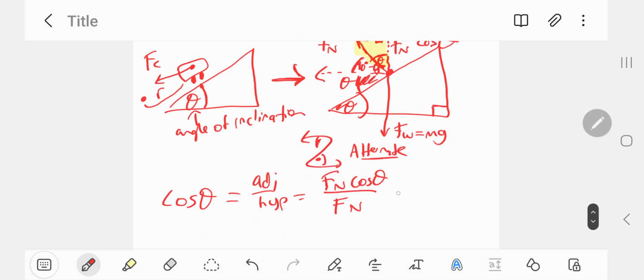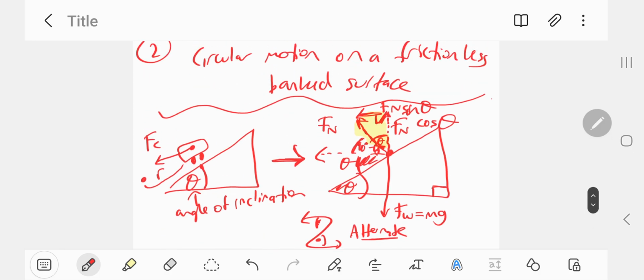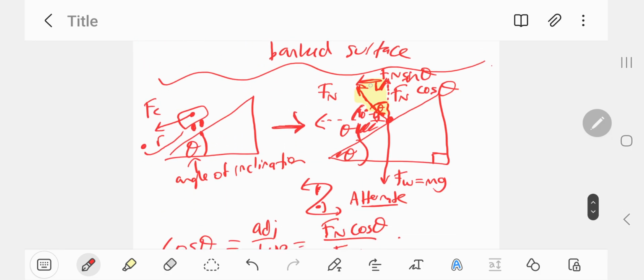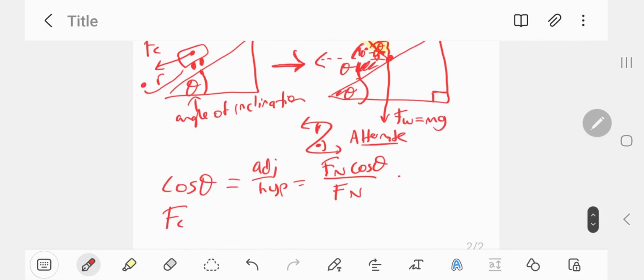And similarly, we can work out, so that's cos theta. Now the centripetal force, that's a result of the horizontal component of the normal force, F sub n sine theta, as you can see up here, right? It makes sense. So that's equal to F sub n sine theta, which is just m v squared over r.